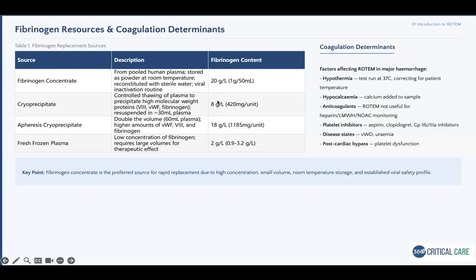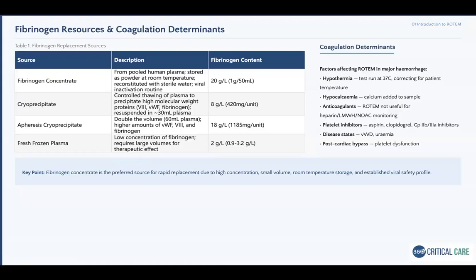It's less than half of what you get in the fibrinogen concentrate, but still it is one of the major products where you get fibrinogen clinically. Slightly better is the apheresis cryoprecipitate, which has a higher concentration, almost equal to the fibrinogen concentrate, which is 18 gram per liter. And the least efficient one is fresh frozen plasma, where you get only 2 gram of fibrinogen per liter of fresh frozen plasma.